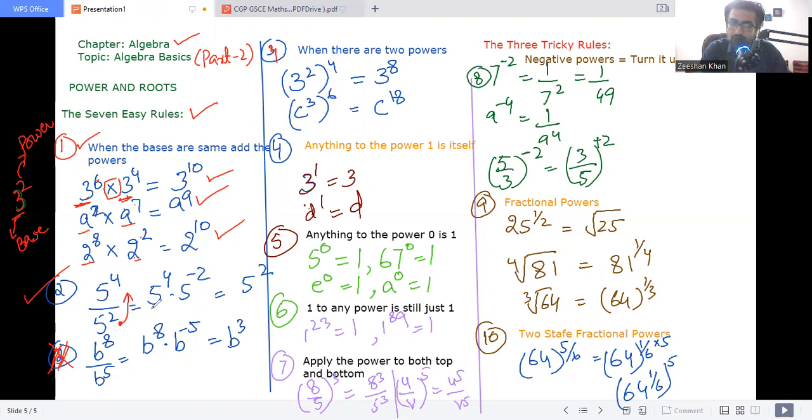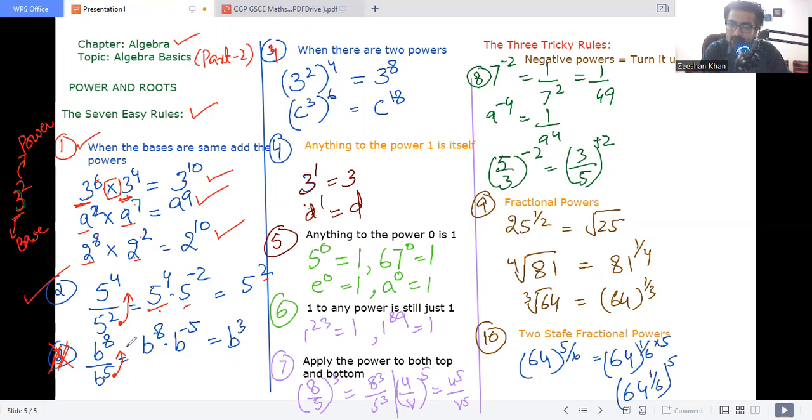Now again, the bases are the same. We will apply rule number 1 again. Bases are the same, so we subtract: 4 minus 2 is 2. In the next example, we will again shift this b to the power 5 upward, so the sign of the power will change to minus 5. I write b to the power 8 in its own place, and the other becomes b to the power negative 5.